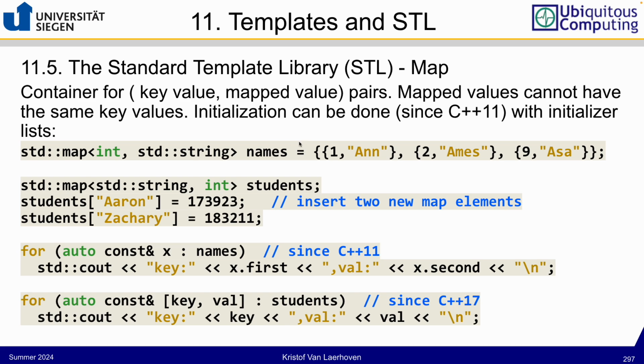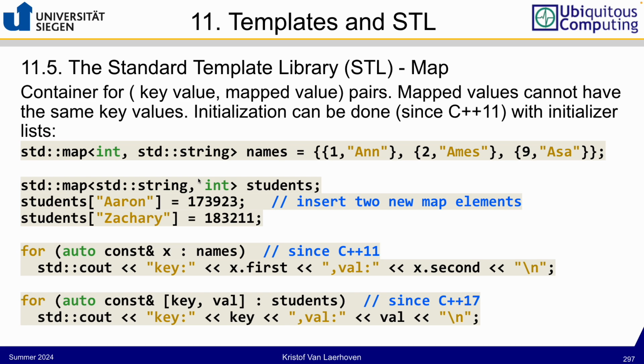So we will have 1, 2, and 9 as integers, and Anne, Ames, and Asa as strings, right? And these pairs are now contained in our container. And our container will kind of magically store these 3 in the way a map typically works, as you will see in a second when we output things.